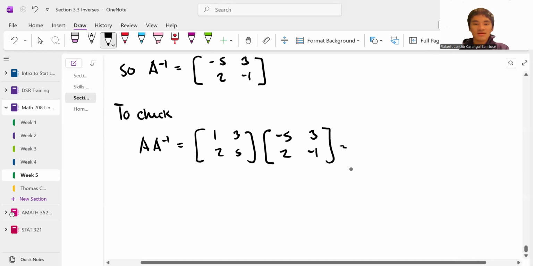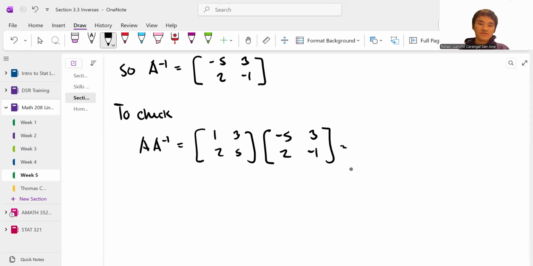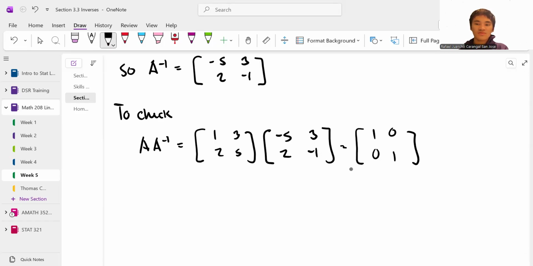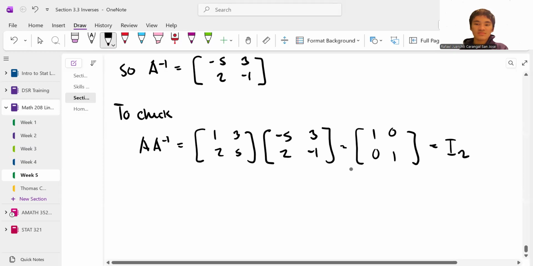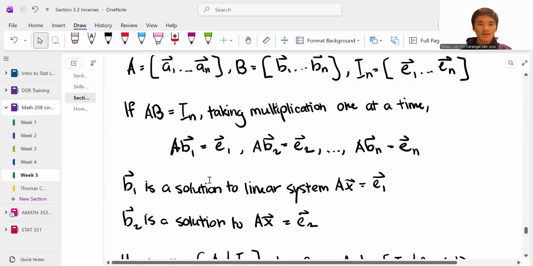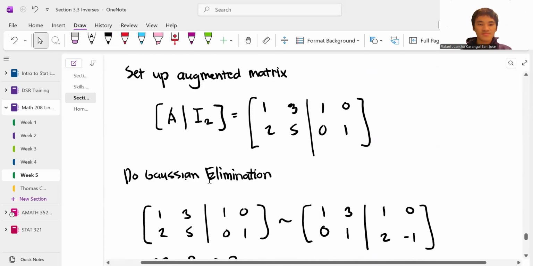This thing is going to equal to what? 1, -5, 3, 2. It's going to equal to an identity matrix. There we have it. Done. That's the inverse.